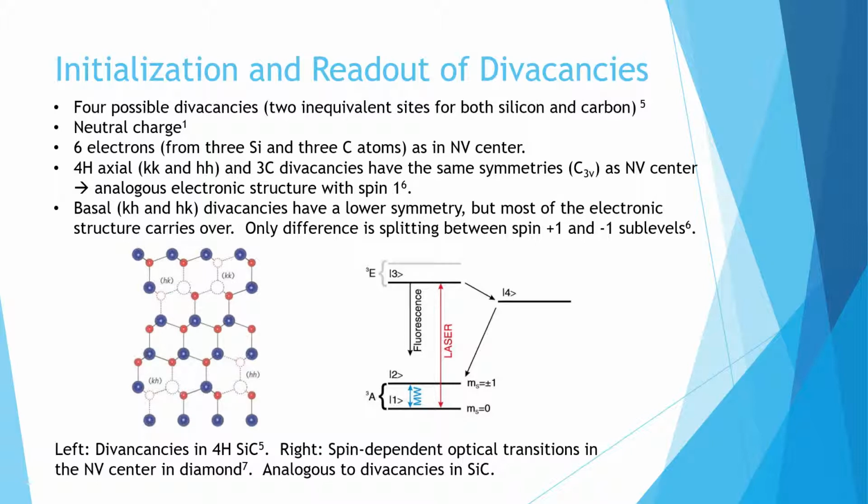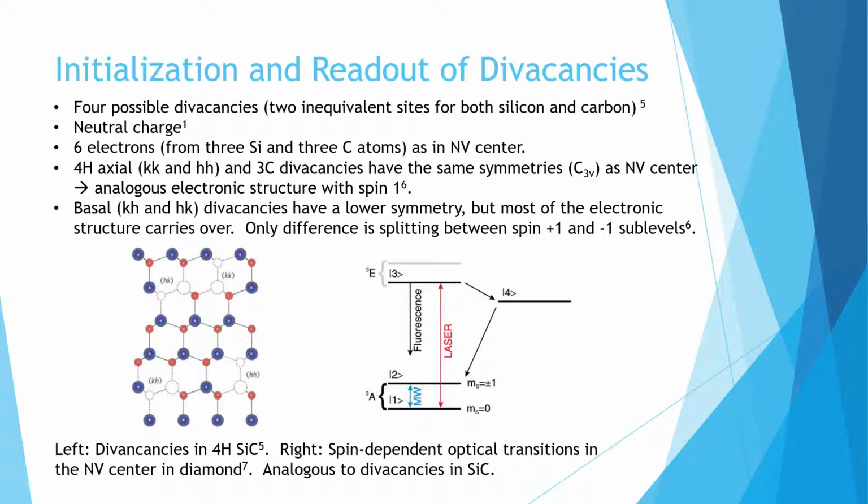And I've reminded you of the nitrogen vacancy electron structure here. This is from the paper by Gillespie that we read. So you shine a laser, you excite these electrons up to these excited states, and then they can relax back down.